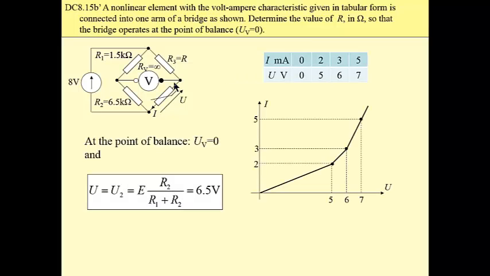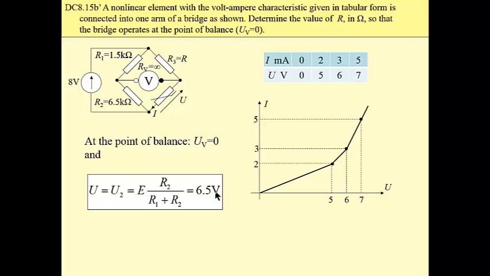At the point of balance, the voltage between this terminal and this terminal is 0, which means that the voltage across the nonlinear element is exactly the same as the voltage across this R sub 2 resistor, and this voltage can be calculated from a voltage divider, which is 6.5 volts as well.